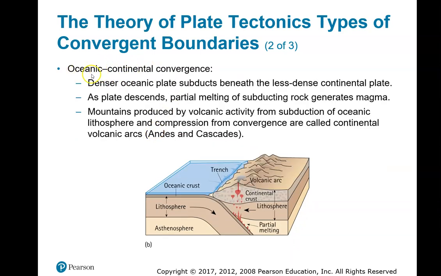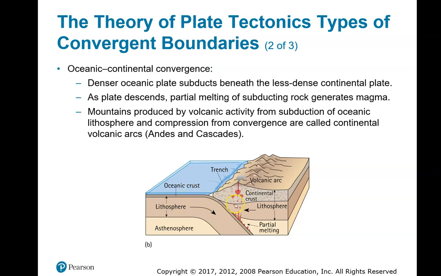These are always about convergent boundaries. When the ocean plate crashes into a continental plate, then of course the ocean plate is always more dense, and the ocean plate subducts below.